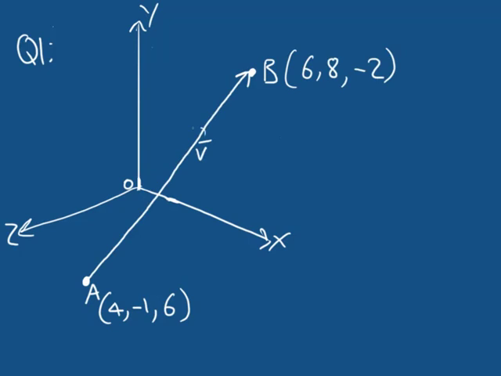So the question is, find the components of that vector V, which travels from the point A to the point B, by using position vectors.